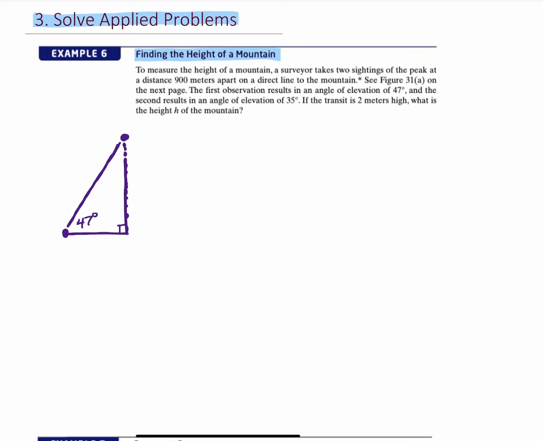Then it says that the two angles were 900 meters apart, meaning they take this first angle and then they walk backwards 900 meters and then take a second reading. So imagine another angle is taken, and this time it's 35 degrees.